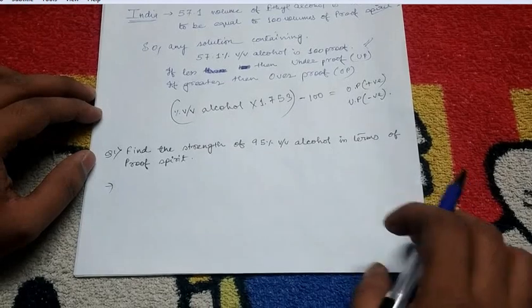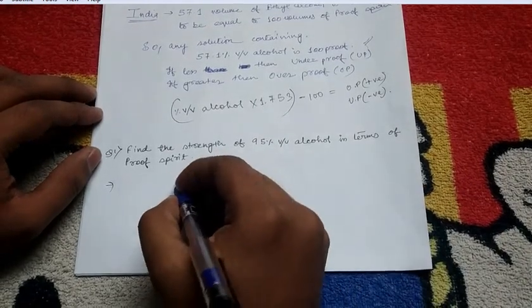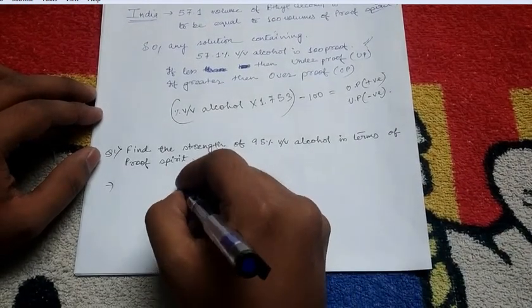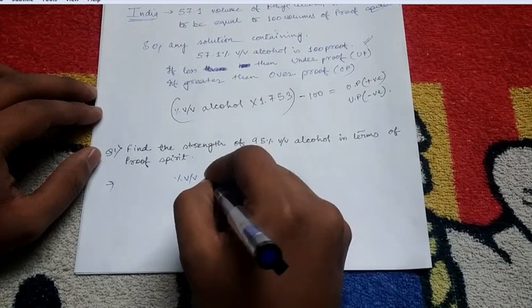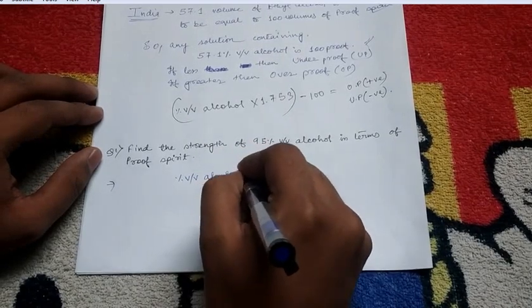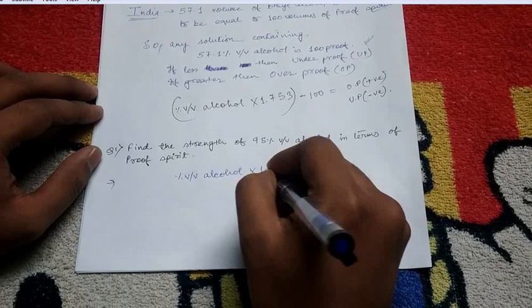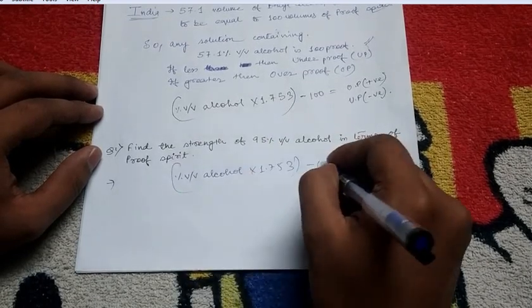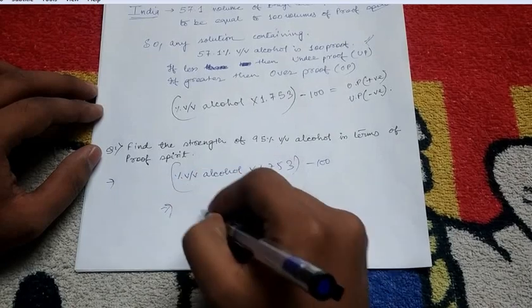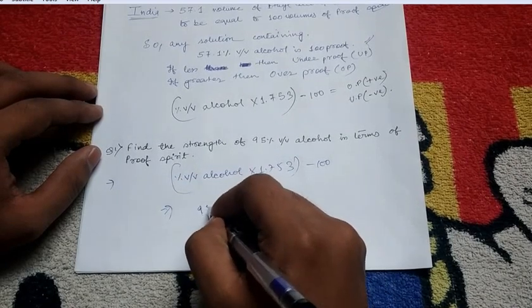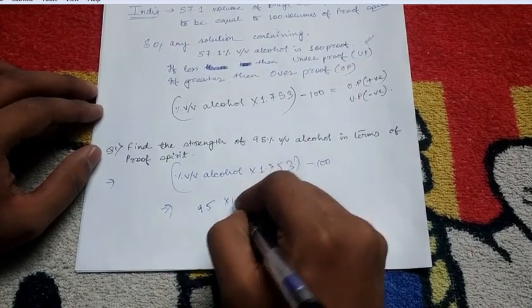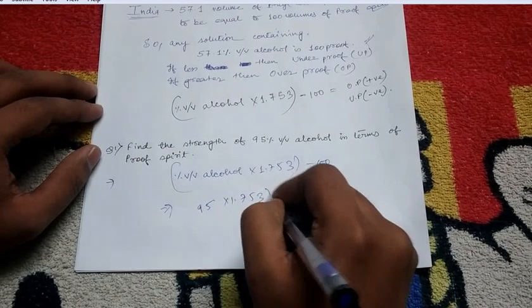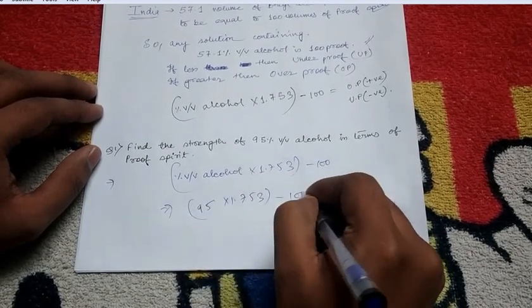Yes. Now by applying the formula, we get percentage V by V alcohol into 1.753 minus 100, that is, here it is 95 into 1.753 minus 100.